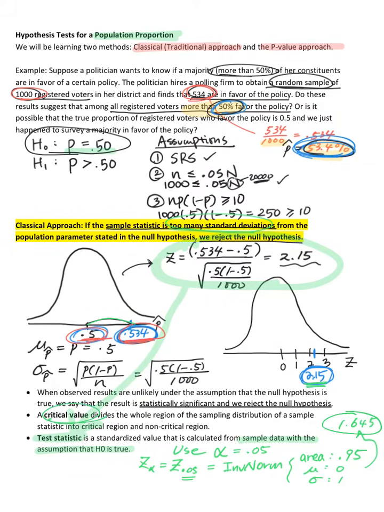Okay, so this is the critical value, right? So 1.645, that will be somewhere here. And what that means is that anything larger than 1.645 standard deviations from the mean is considered significant or significantly high.